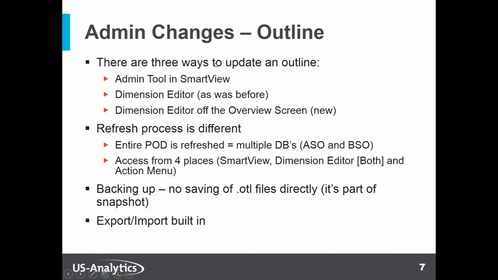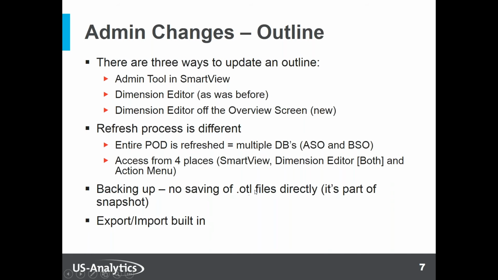The other thing from an administrative standpoint is that there's not an ability now to save your outline file. So a lot of admins used to, before they made a change, do a save as, go to EAS and save that outline file and just have it off there to the side in case they made a boo-boo or they wanted to put stuff back.